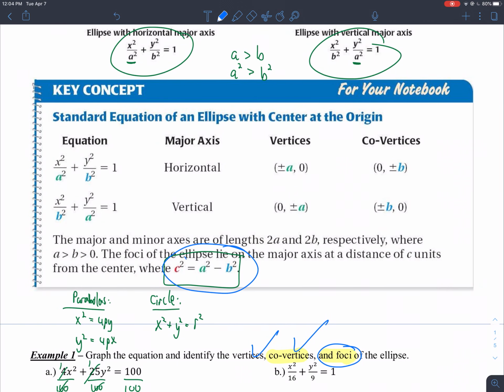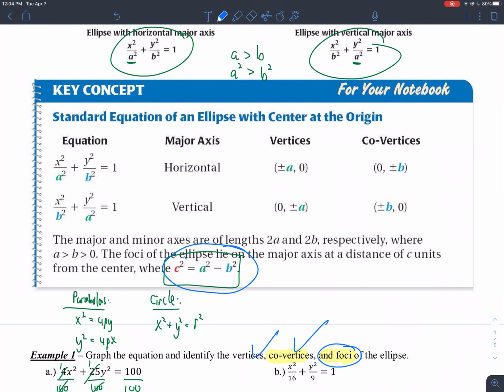We want to approximate that, and I think what you get is about 4.6. The foci are on the major axis, so 4.6 is about here and about here. There are my foci.